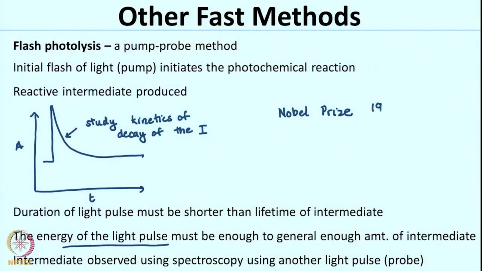And if you want to know more about these techniques, you can also look at the Nobel Prize in 1999, which was given to Professor Ahmed Zewail for development of these kind of techniques which could help you monitor reactions at the femtosecond scale. So, now that we have done a lot of theory of understanding kinetics, I would also give you a flavor of how in research labs these methods are actually used to understand chemical reactions.